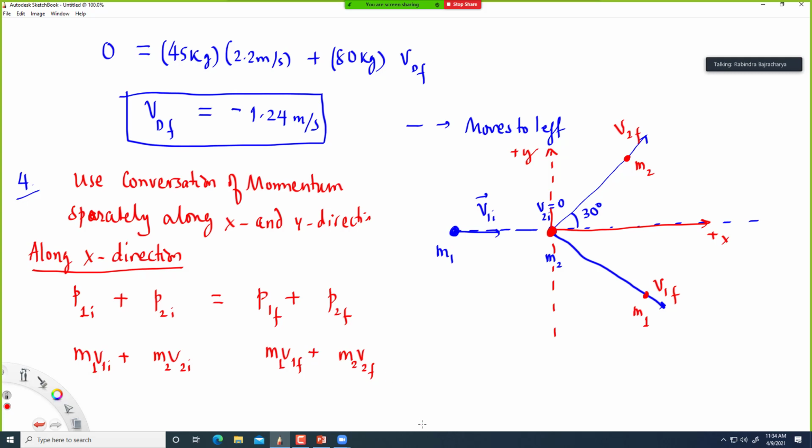Now here we are only looking at the motion along x direction. Okay, don't look at up or down, just look at this direction. So before collision, m1 is moving along x direction, so all this is along x direction. m2 is at rest, okay, before collision, so this is 0.